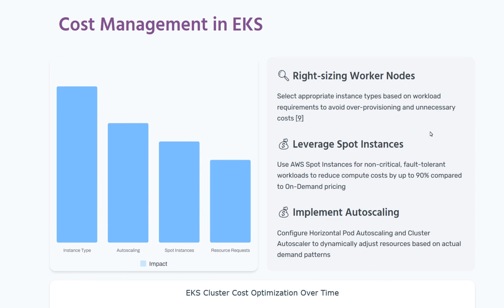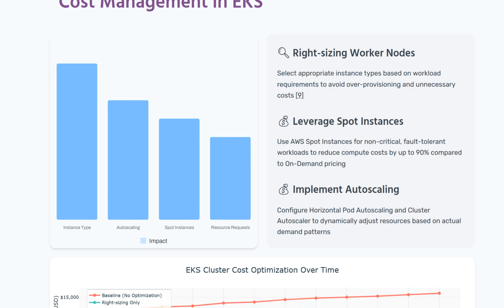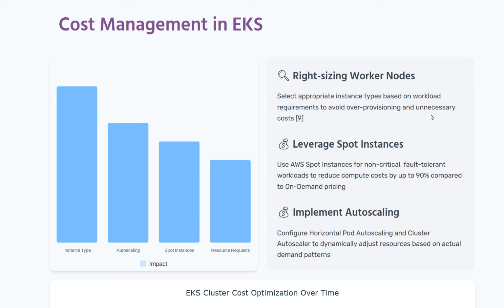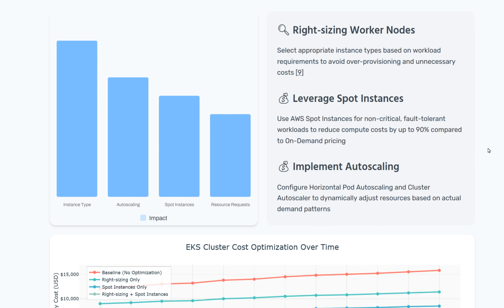So, cost management in EKS. How do you manage the cost? Right sizing worker nodes: select the appropriate instance type based on workload requirements, avoiding over-provisioning and unnecessary cost. Leverage spot instances when you do not have enough on-demand instances.